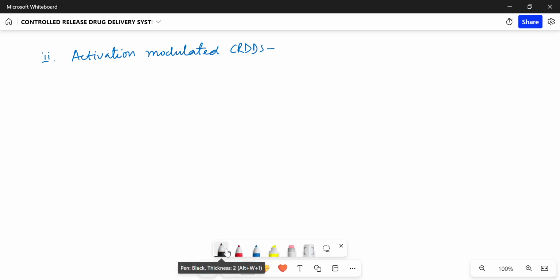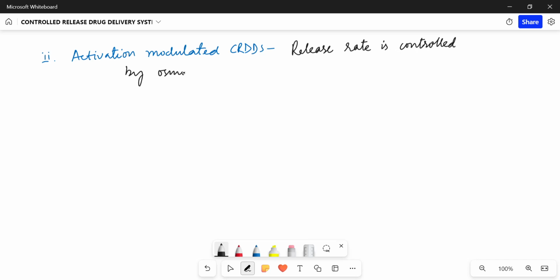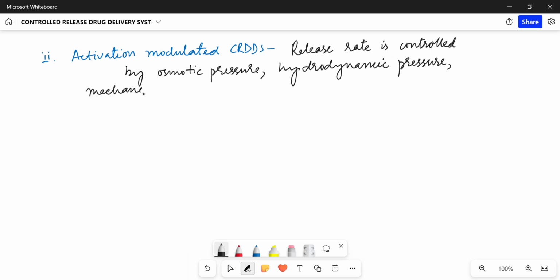In this type of control release drug delivery system, the release rate is controlled by osmotic pressure, hydrodynamic pressure, mechanical pressure, redox agents or redox reactions, enzymatic reactions, etc.